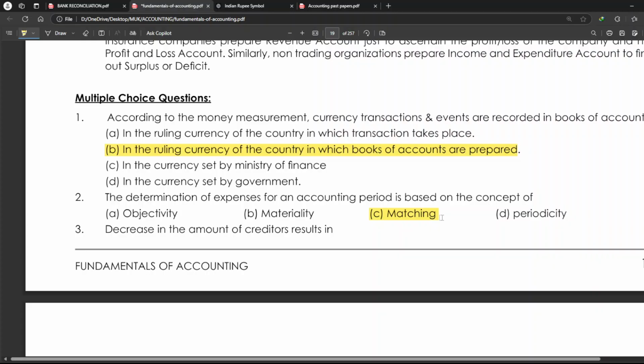This concept aims to match revenue in the accounting period with the expenditure incurred in earning that revenue.